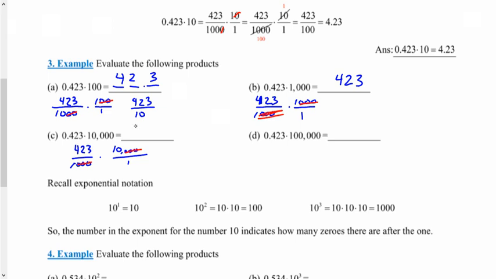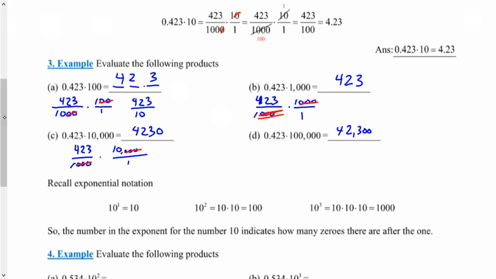But there's really not a decimal here, not anymore, because we wrote it as a fraction. So that would get us 4,230. And then the last one, after you work that through, you're going to be taking 423 times 100, if you follow our pattern here. And that's going to ultimately get us 42,300.